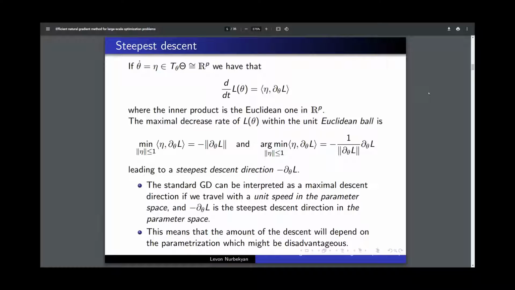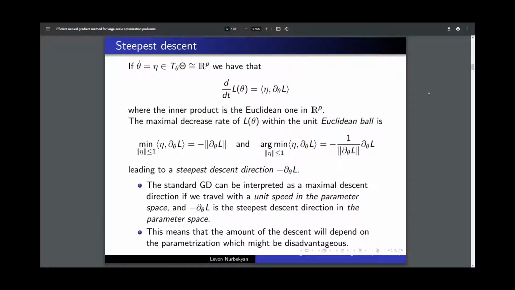Let's say I want to decrease L as much as possible while moving at unit speed in the parameter space. That's the classical steepest descent, and it's an inner product. We solve the problem, and we come up with this formula. That's how we get the steepest descent direction. Again, the idea is that we want to decrease the loss function as much as possible if we infinitesimally move at unit speed.